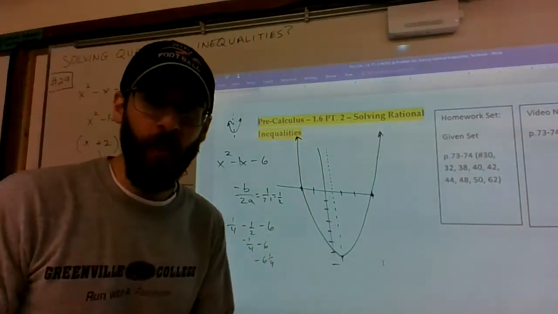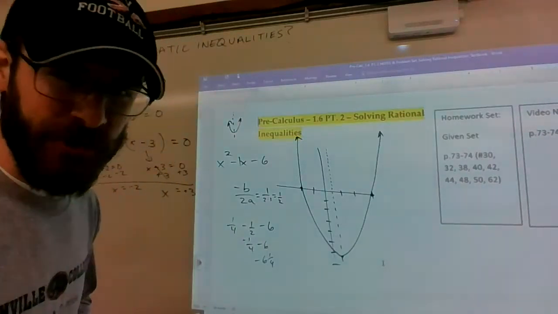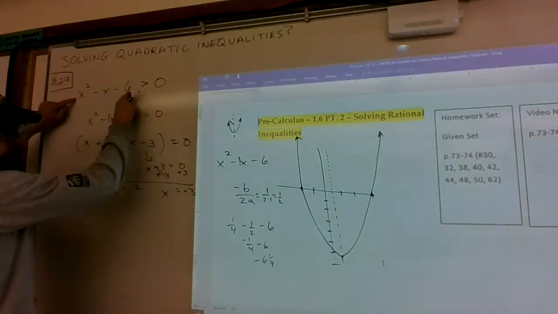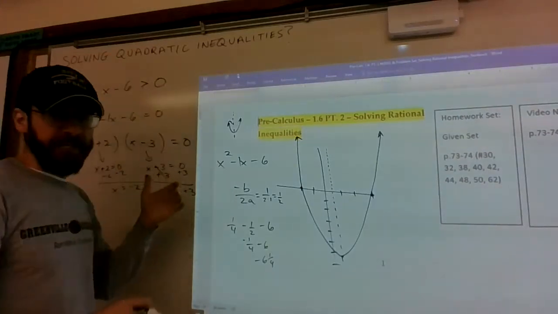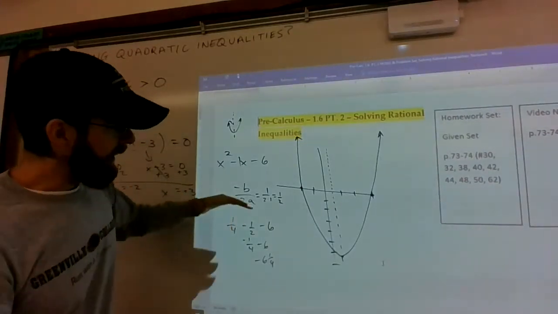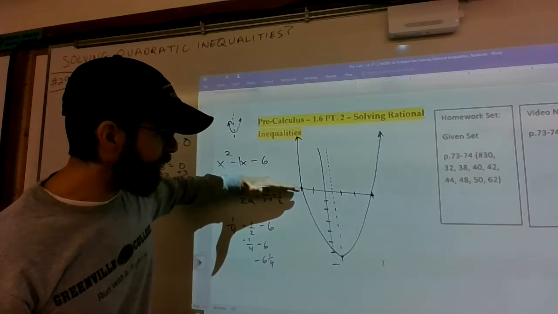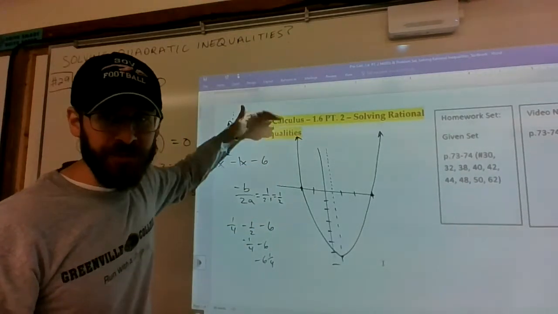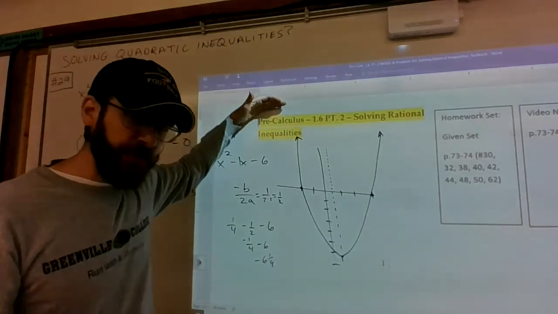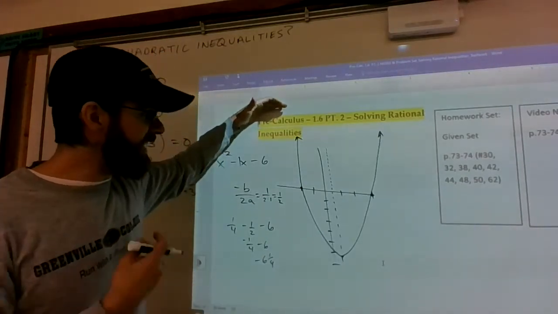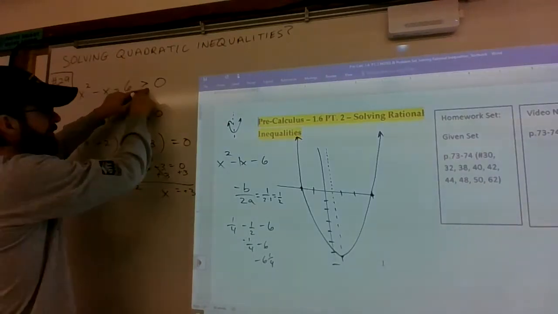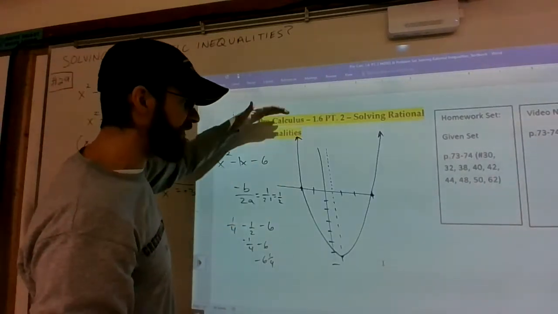Okay, why am I doing this to you? Here's why. The statement, where is this parabola greater than 0, can be visualized as, where does this parabola exceed the x-axis? Where is it north of the x-axis? That's really what that inequality is saying. Where is the parabola bigger than 0? Where is it above the x-axis?